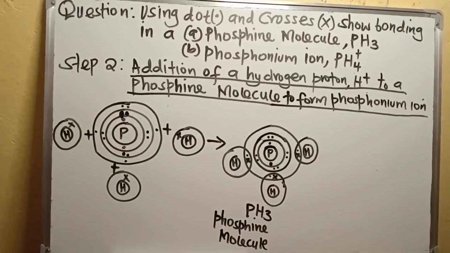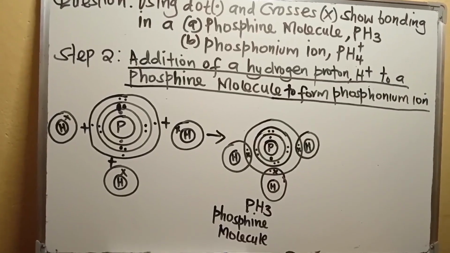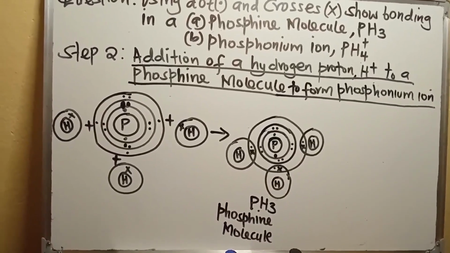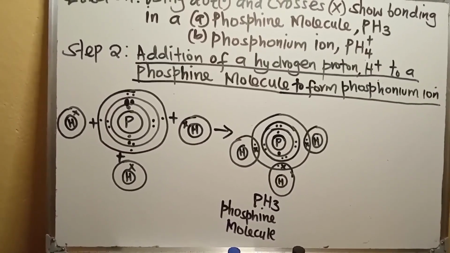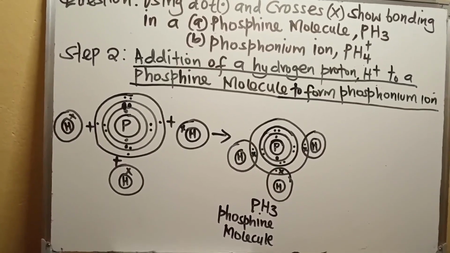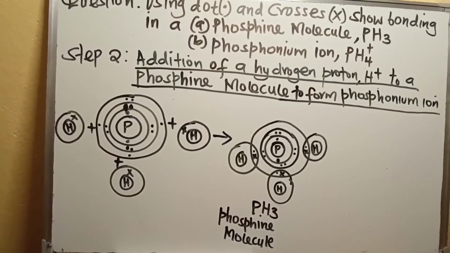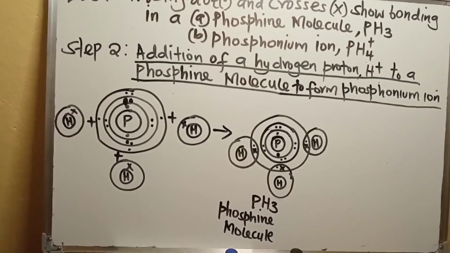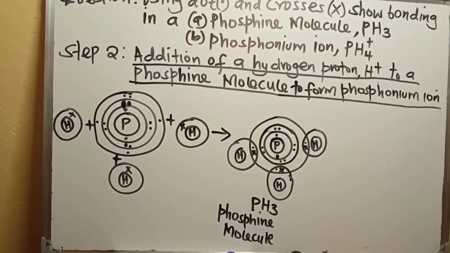In step 2, we have the addition of a hydrogen proton, the H positive, to a phosphine molecule to form a phosphonium ion. So in our steps, whatever I have just drawn is what we had in step 1, because in step 2, the first thing is for you to recopy or to rewrite everything that was in step 1, where we had the hydrogens surrounding the phosphorus, forming a phosphine molecule, because it is from the phosphine molecule that you are adding now a hydrogen proton.